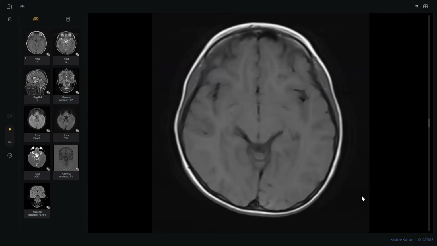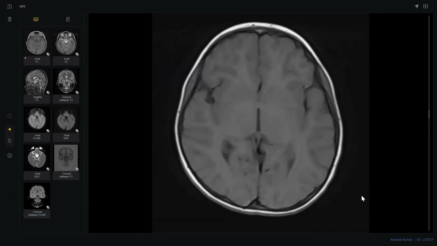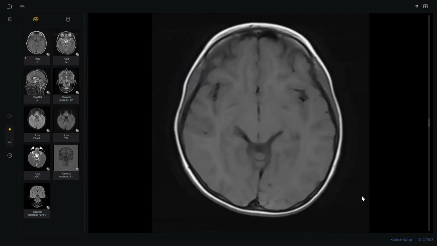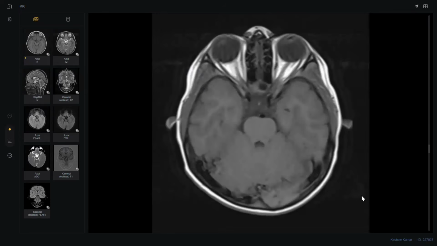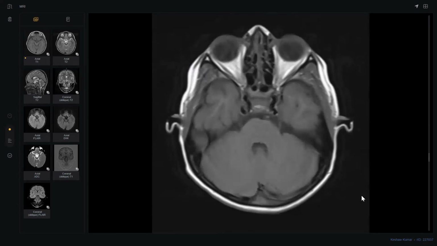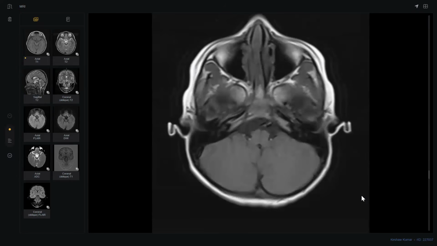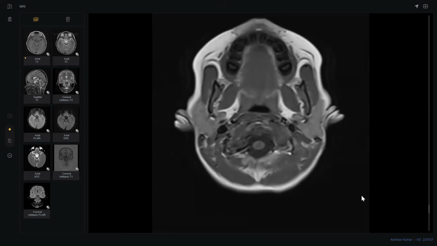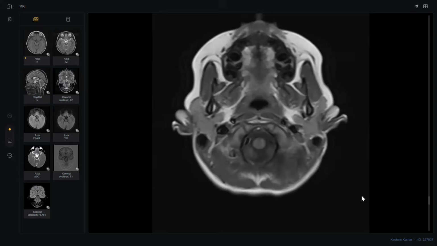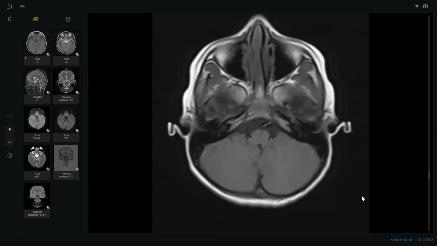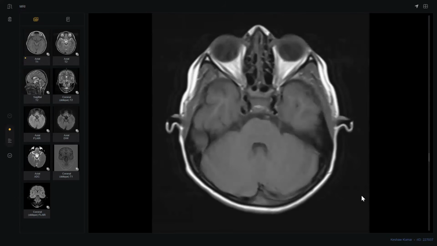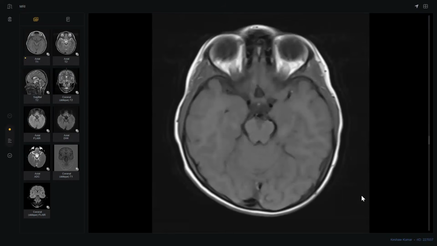The insular parenchyma also appears to be a bit prominent as compared to the right side, but I'll confirm these findings on the T2 as well as FLAIR images. I could not appreciate any crowding at the foramen magnum, so there is no inferior tonsillar herniation. No appreciable mass lesion is noted.